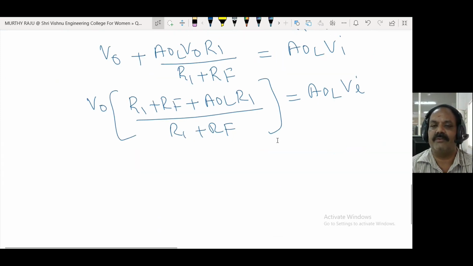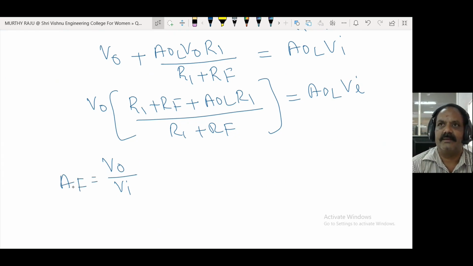Simplification. Therefore, V0 by VA is equal to AF, the gain of a non-inverting operational amplifier with feedback.